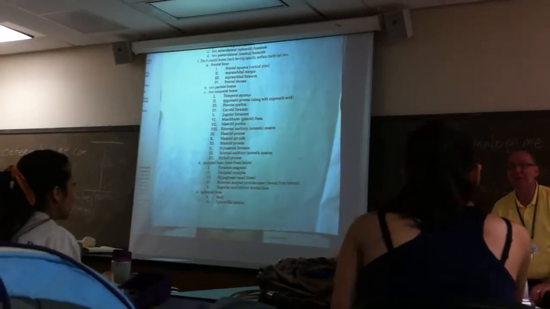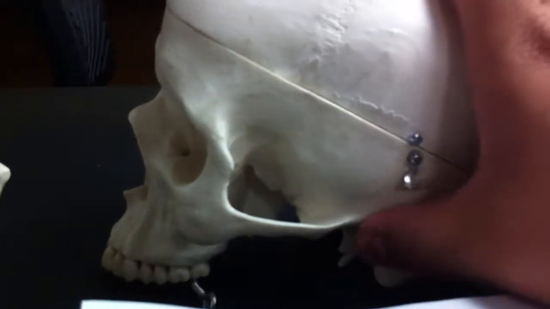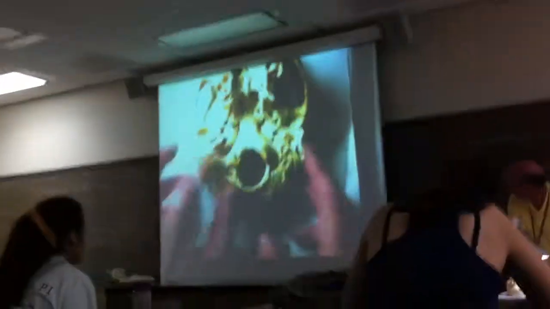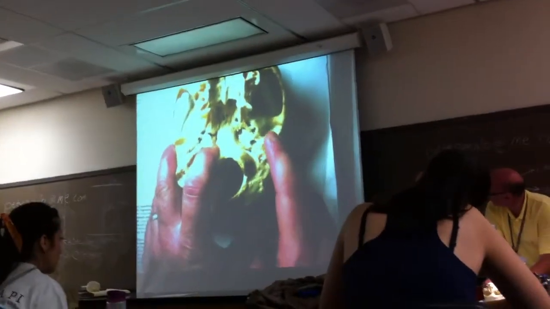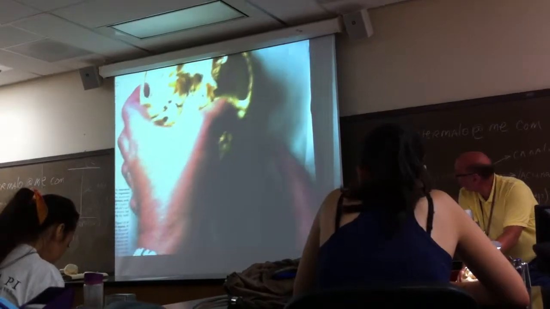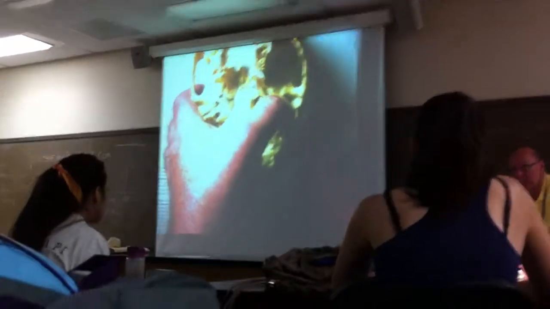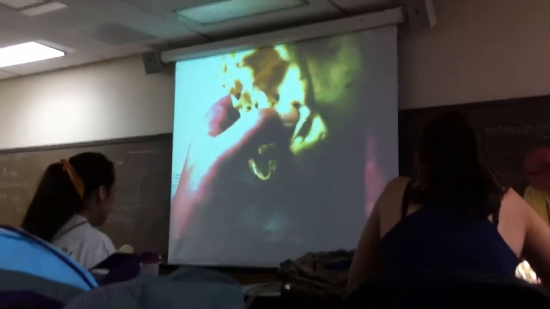Alright, how will I find that? Well, remember we had this line going down. Okay? Diagonal, going down. Alright? If I just keep my thumb right here in that mandibular fossa, and let me just flip it over onto the side.